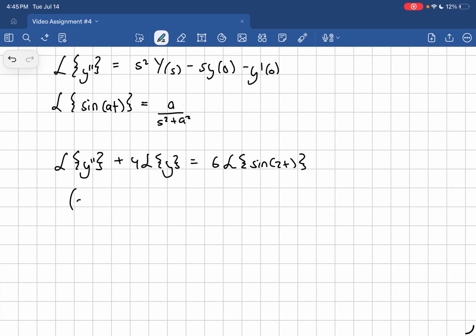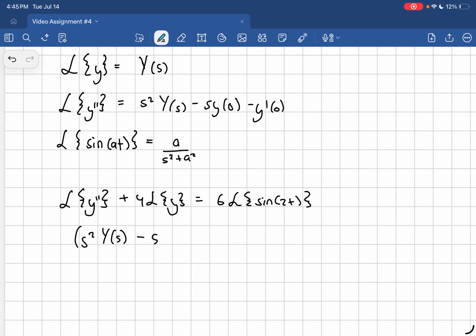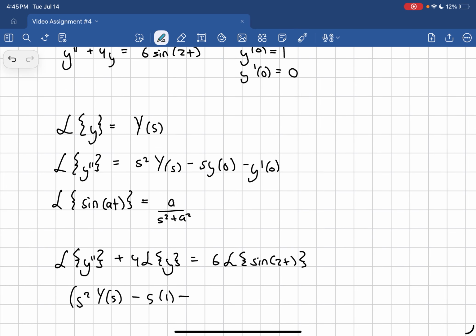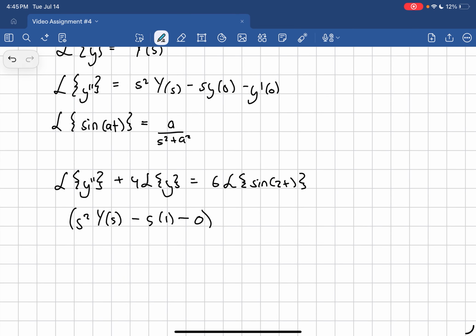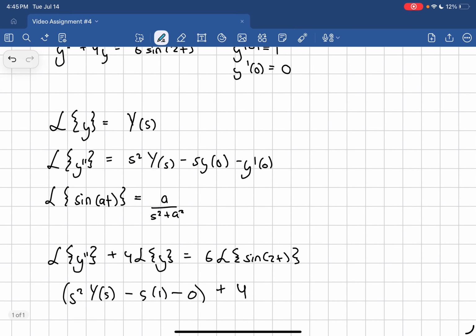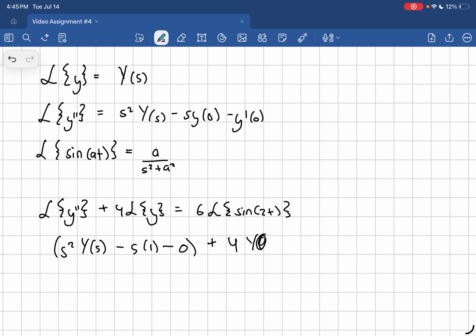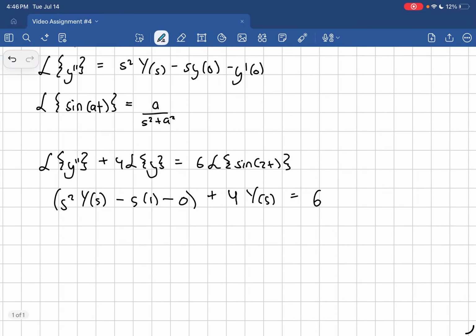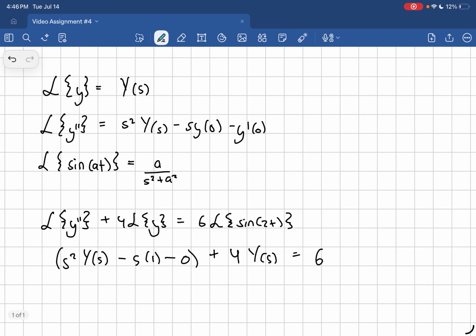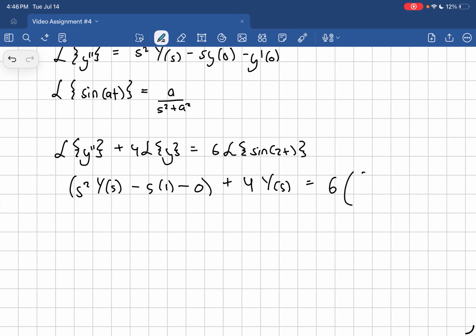So we're going to get S squared Y of S minus S times Y of 0, which is just 1, so it'll be just S, minus Y prime of 0, which is 0, plus 4, because we brought out the 4, times the Laplace transform of Y, which is just Y of S, and this is equal to, bring out the 6, and the Laplace transform of sine of AT, and our A here is 2 because it's 2t, so it'll be 2 over S squared plus 4.